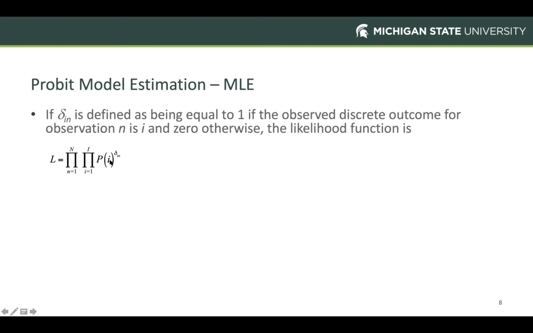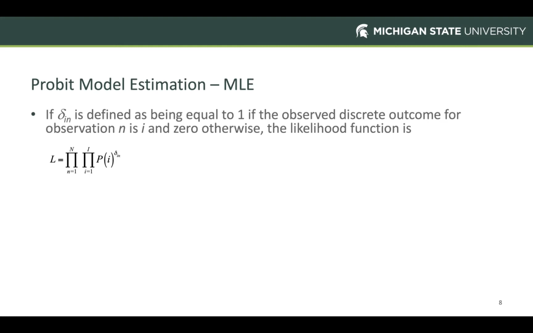We can calculate the probability of any individual selecting outcome i, and for each of those individuals, we can evaluate that probability, which comes from the expression you saw on the preceding slide. If they actually selected that alternative, this variable would be equal to 1. If they didn't, this delta variable would be equal to 0.